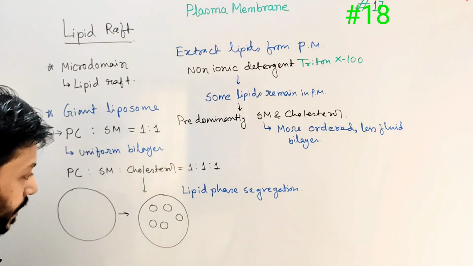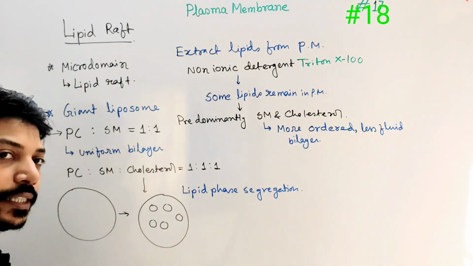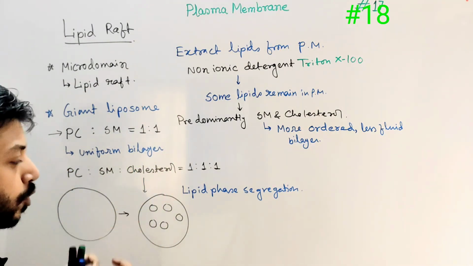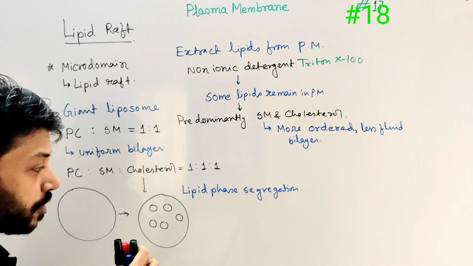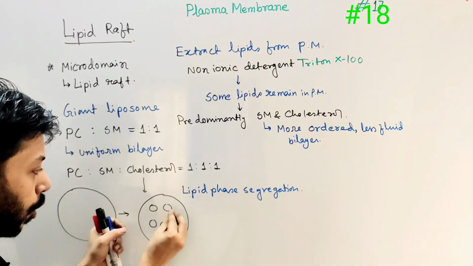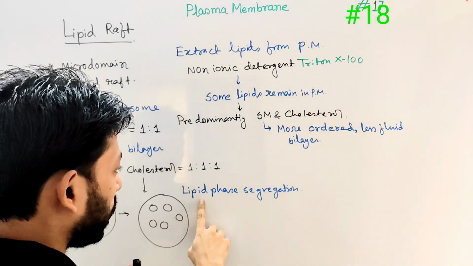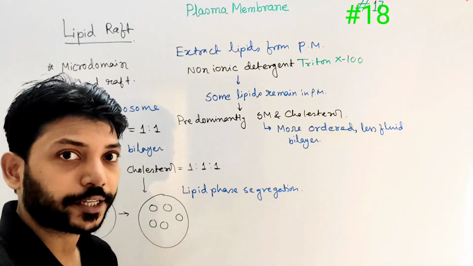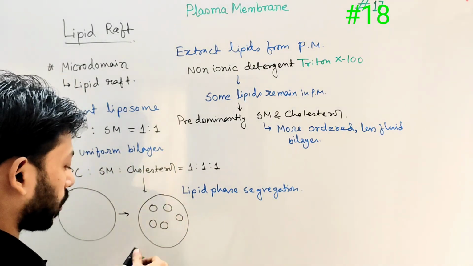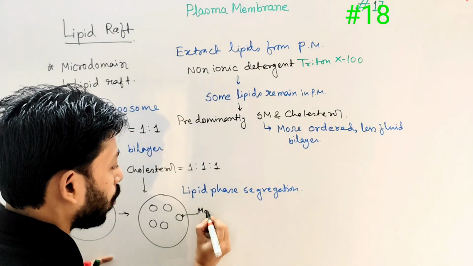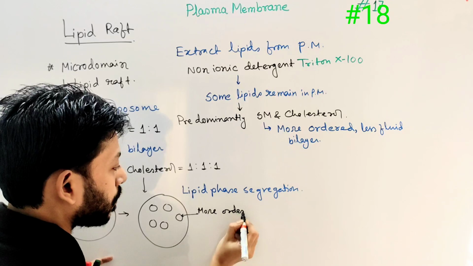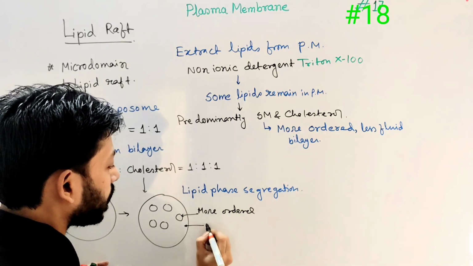Basically, what happens when cholesterol is introduced is that sphingomyelin and cholesterol bind or interact with each other and cluster into small domains. That is why it is called lipid phase segregation. They segregate into more ordered and less ordered regions. Let's suppose these are the more ordered structures, and the rest of the lipids are less ordered.